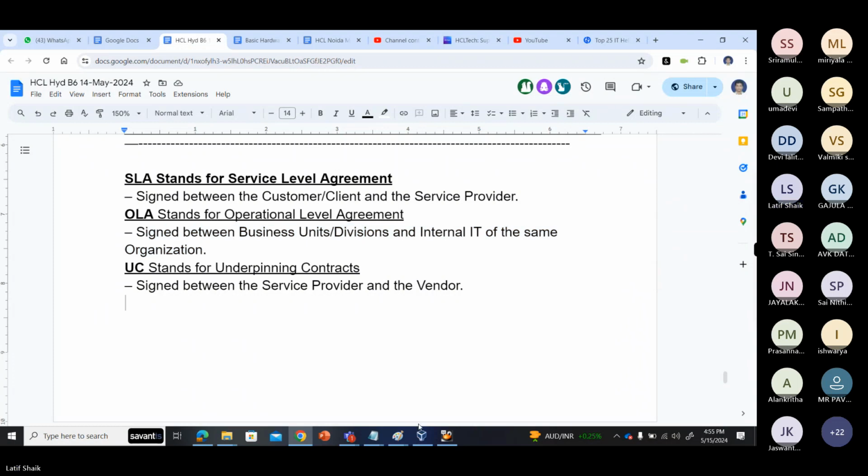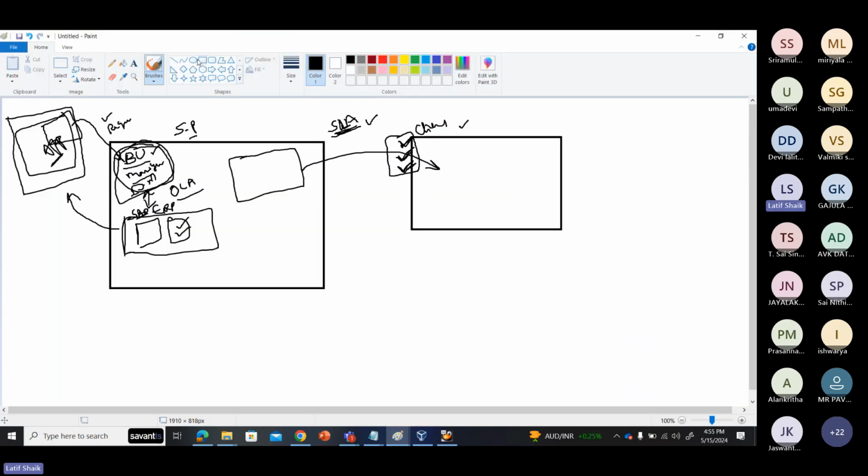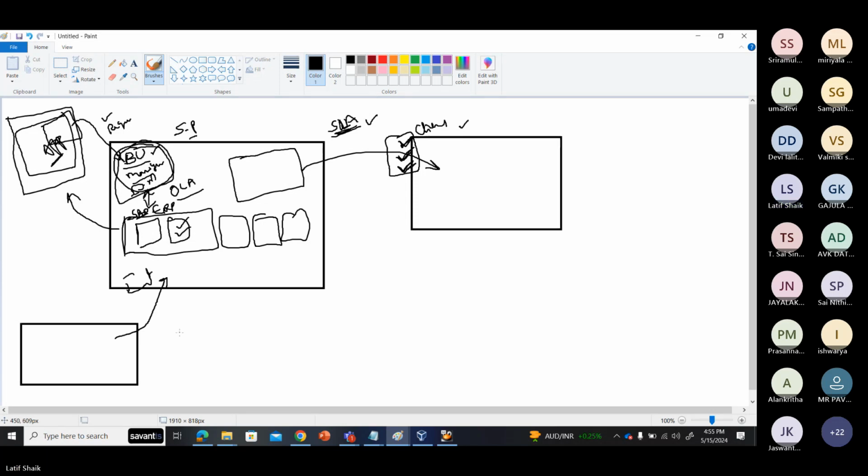Another one is UC, underpinning contract. There are a lot of vendors. For example, I need Dell laptops for my organization, or maybe I need internet connectivity. What I want, I will get from these vendors. The vendor is providing the required supply to my organization, and I will use a contract like an underpinning contract.